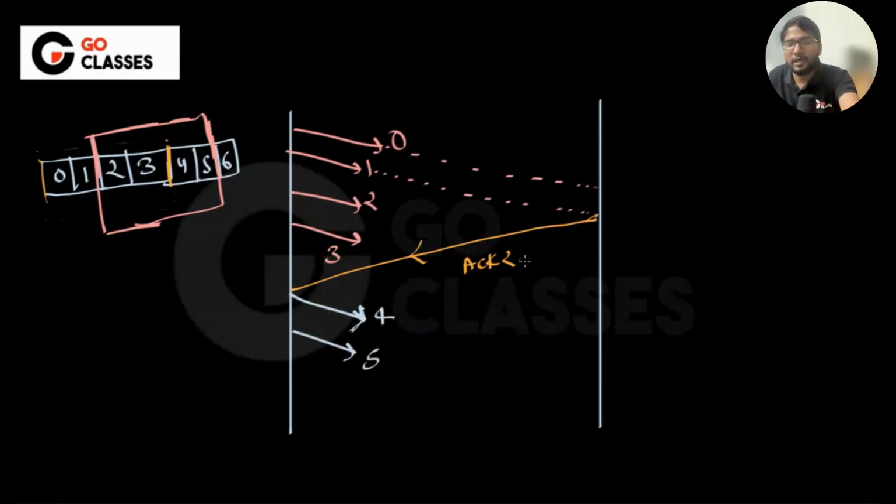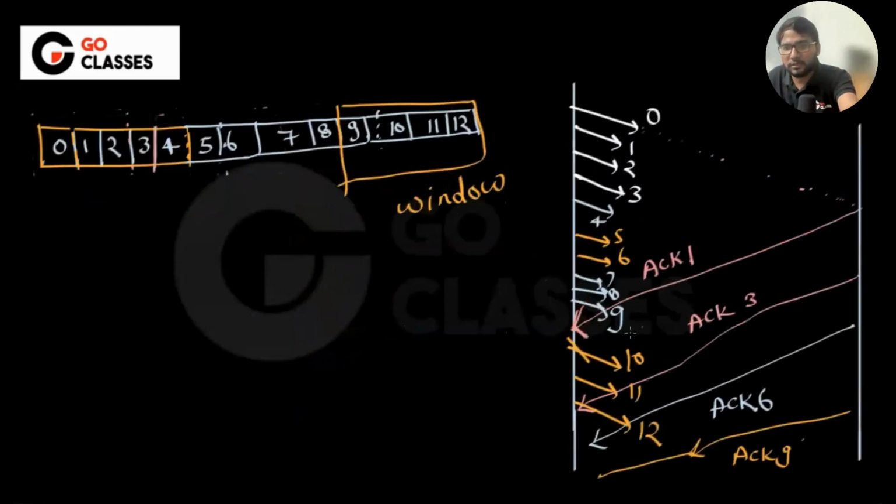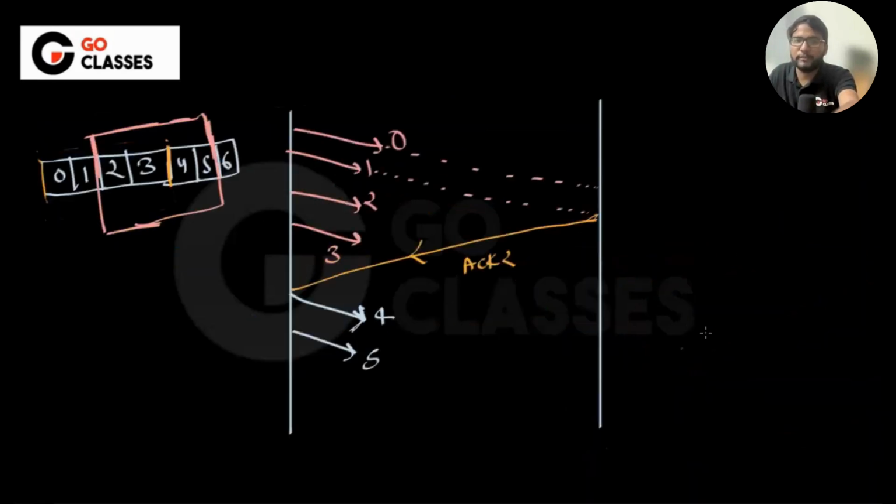In the earlier diagrams, I should actually be writing 10, 11, 12 here, because the moment I get this ACK 9, only then will I send 10, 11, 12. Anyway, this is fine, you will understand. So after I receive this ACK 2, I'm sending 4 and 5.